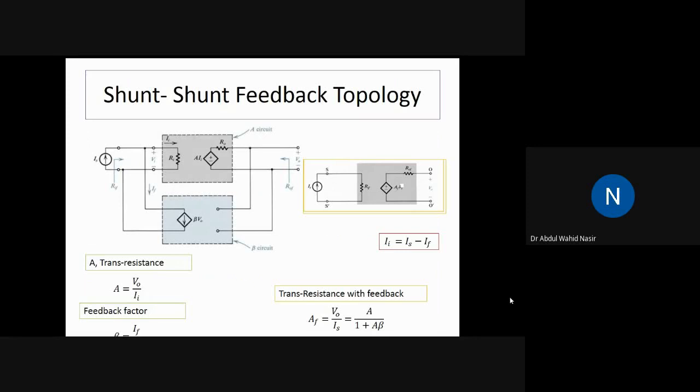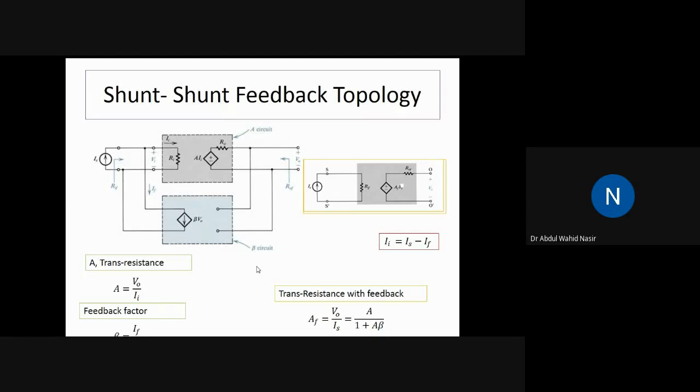Now this figure represents the shunt feedback topology. Clear? So this is the circuit diagram for the shunt feedback topology, where the gain of the trans resistance is given as V naught by Vi, that is, output voltage by input current.